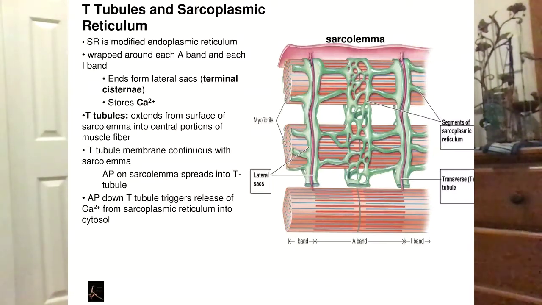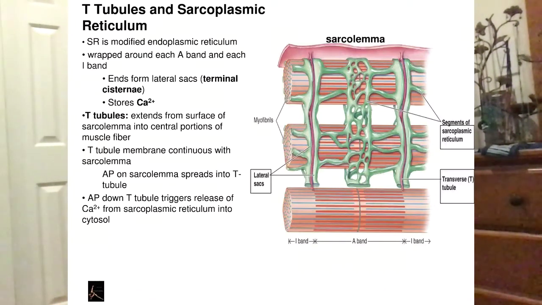And each one of those have their own SR. Okay. So all of those, that action potential is going to zip down the T-tubules, and all of those SRs are going to release calcium. Okay. All right.